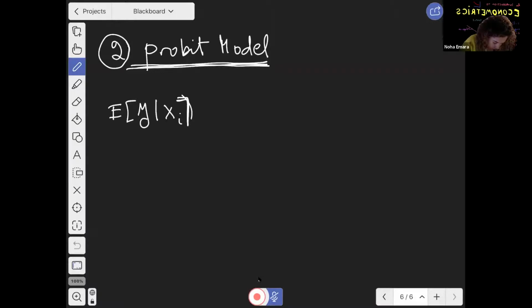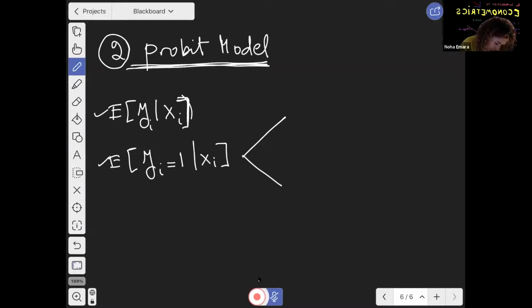Again, you can either use this or this, it's the same. Any expectation is the outcome, so it's either 1 or 0 times the probability, right? My probability before was pi and 1 minus pi, okay? So I would multiply and add.